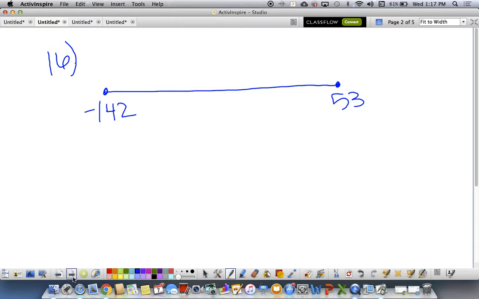How do you find the distance on a number line? And you get what?